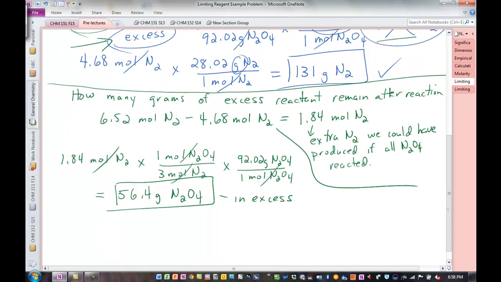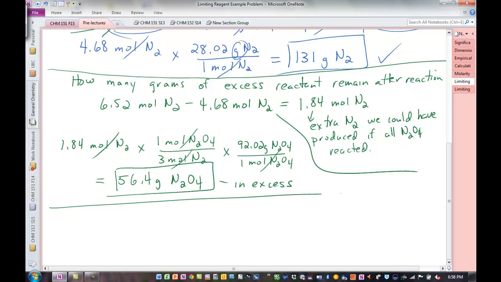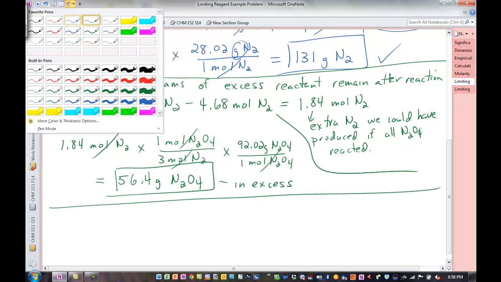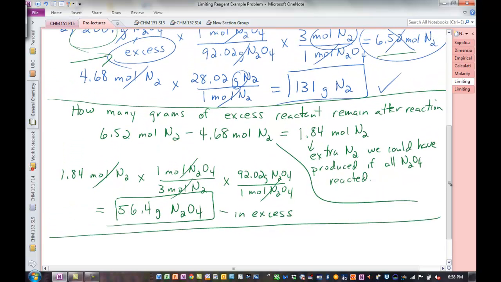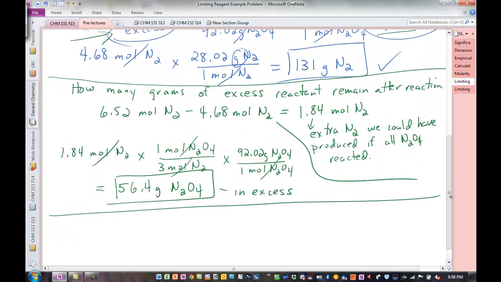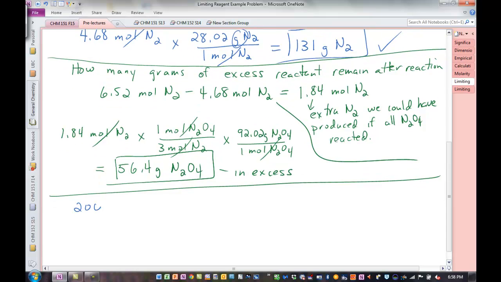One way to do that would be to take our 200 grams of N2O4, and we know we're left with 56.4 grams, or at least that's what we calculated. And so what we end up with is 143.6 grams of N2O4 reacted.